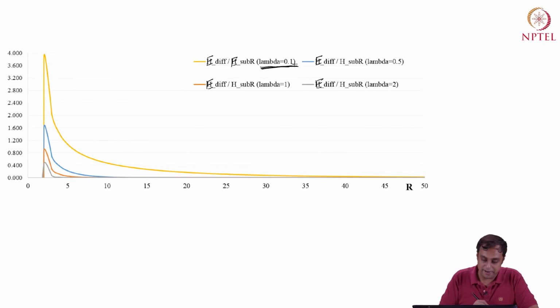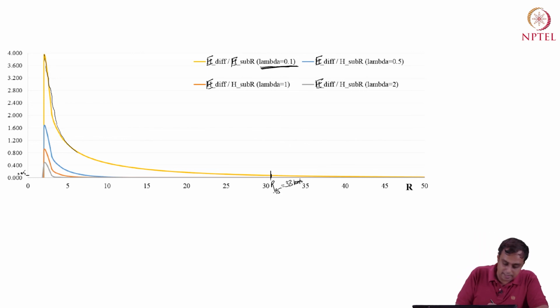What I see here is that E diff by ER falls beyond a given distance from the origin, and this value keeps falling and comes to 0.05, which is the value of my interest, at a distance of around 33 kilometers. So R 95% turns out to be 33 kilometers.